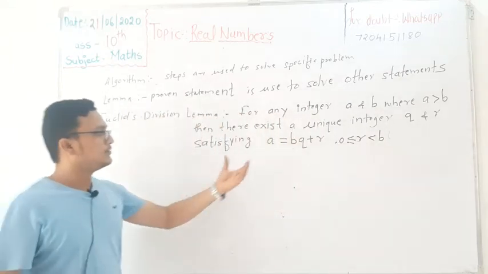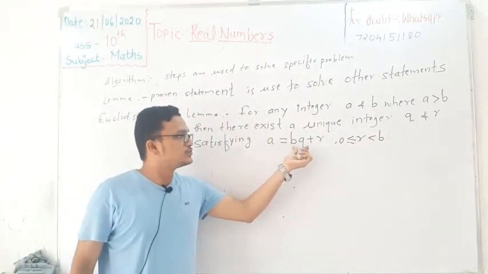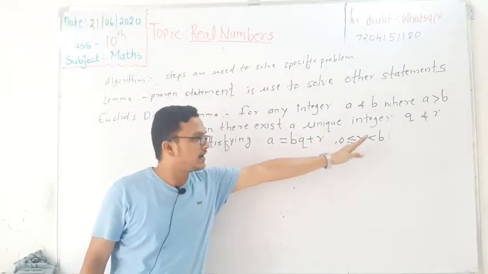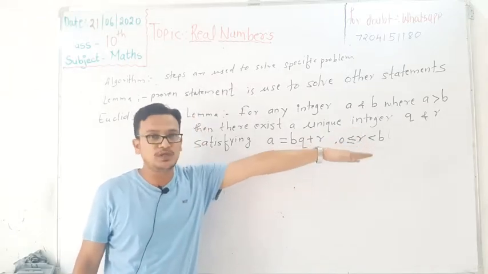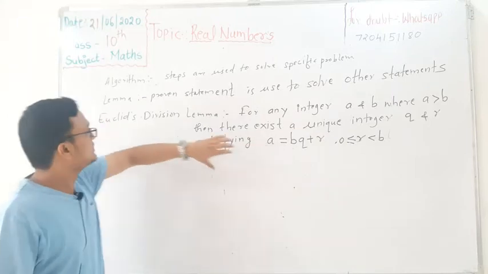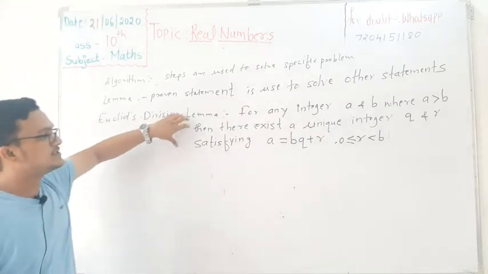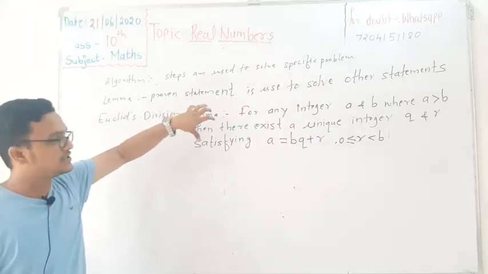So a equals bq plus r, where r lies between 0 and b. This statement is called Euclid division lemma.